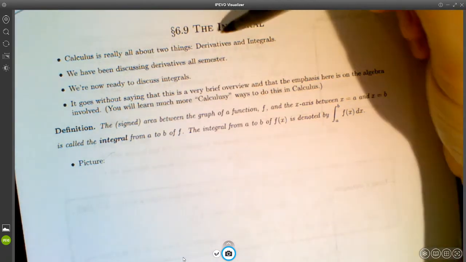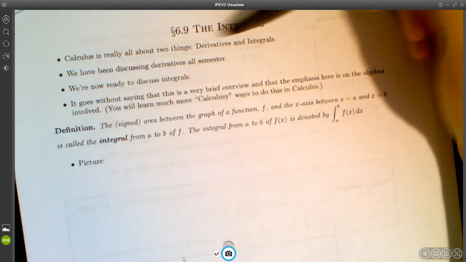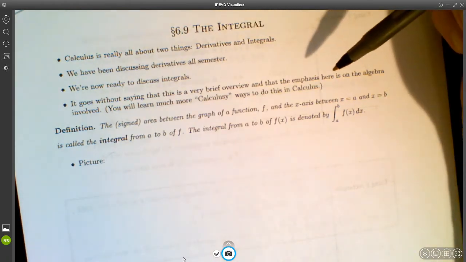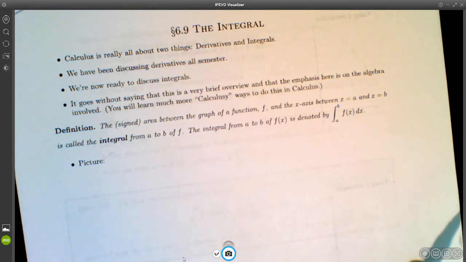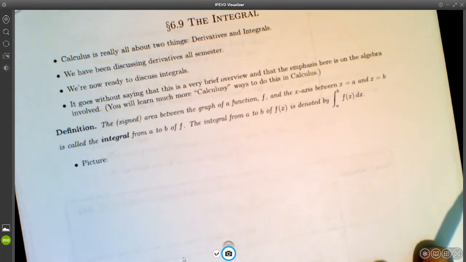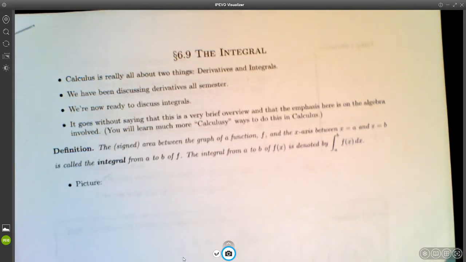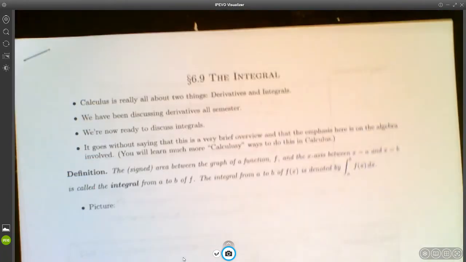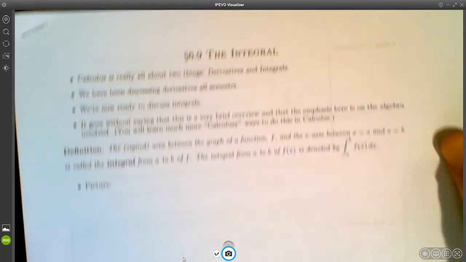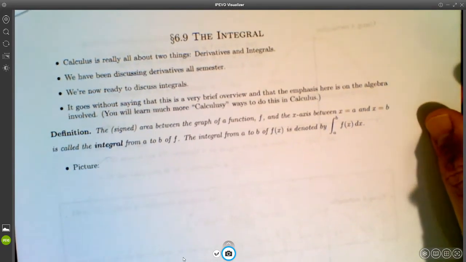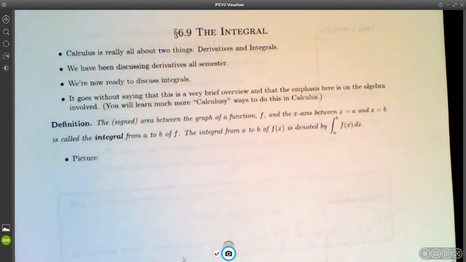Now, it should go without saying that in order to calculate derivatives and integrals, you need to know about limits, and so we've also talked about limits this semester a little bit. We haven't exhausted all of the details on these things, so I don't want you to walk away with the impression that this has been a calculus class. No, this has not been a calculus class. This has been an algebra class, really, where we have focused on some of the algebra that you're going to see in calculus.